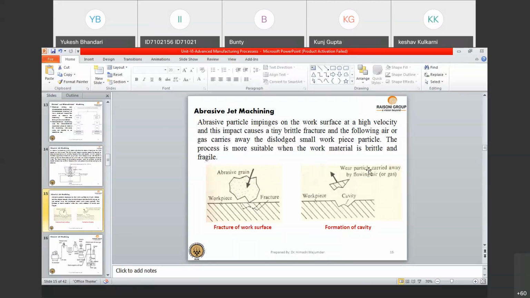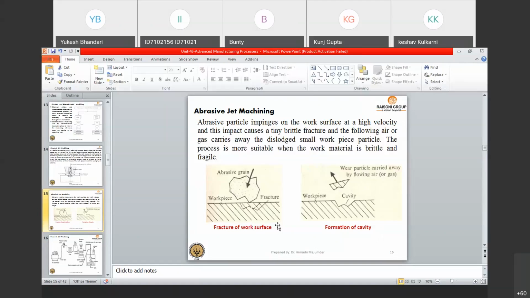You can see the work particle carried away by flowing air or gas. That takes away the dislodged material, and a cavity is formed. When this action is continuously done, we get very high material removal.